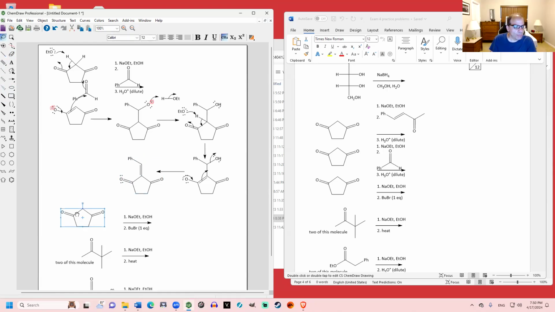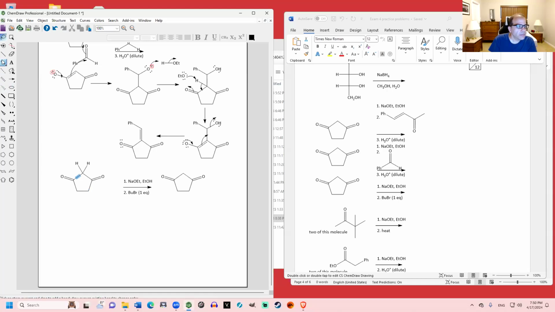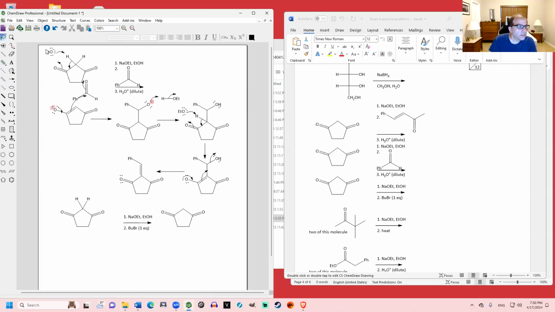This next one really belongs more in exam 3, where we did reactions at the alpha carbon, but it starts by pulling off one of these alpha protons with the ethoxide. And you get the same enolate.